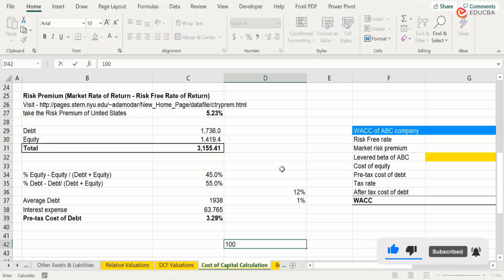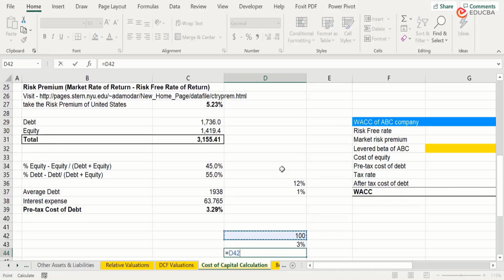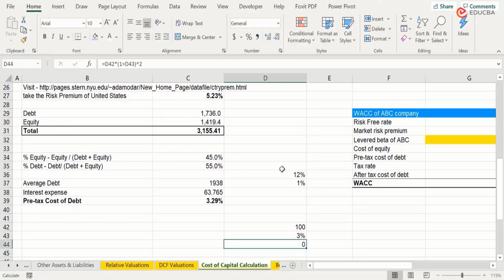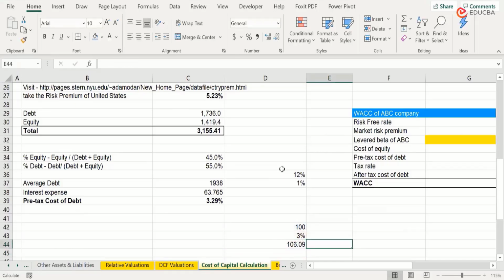So you have $100 million that you need to pay, and the interest rate was 3%. Now this legal battle was going on for around 2 years. Then you pay $100 million multiplied by 1 plus 3% for 2 years. Oh, my bad, it was supposed to be a plus. So you end up paying them 106.09. So you are paying 6.09 as the interest. Now, this is not the interest that you're paying on your debt, but over and above.